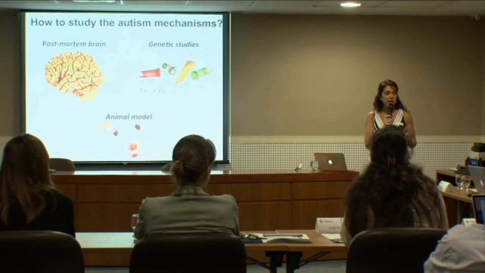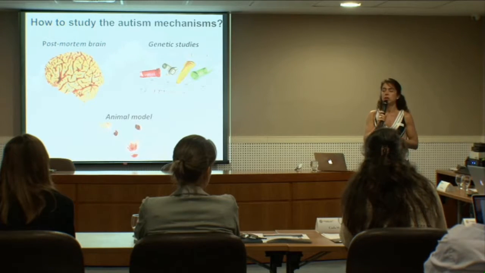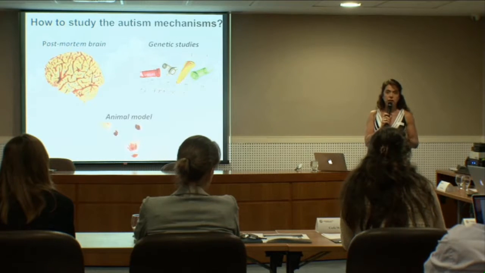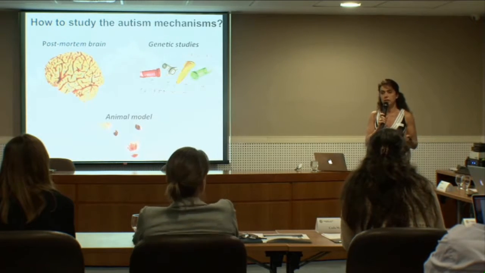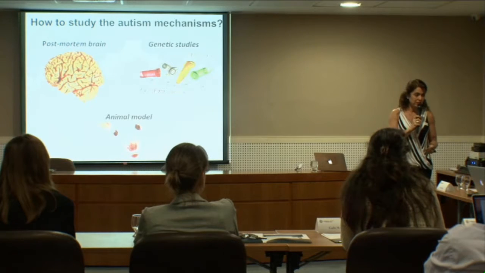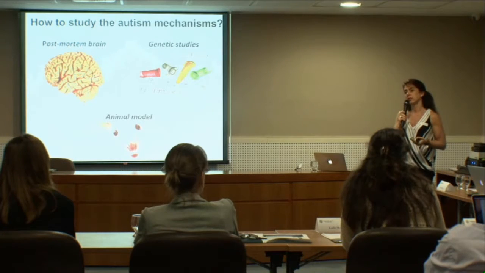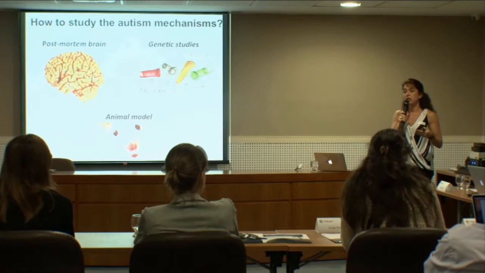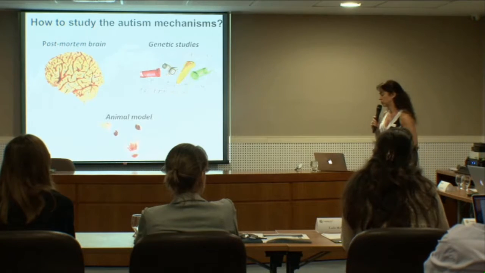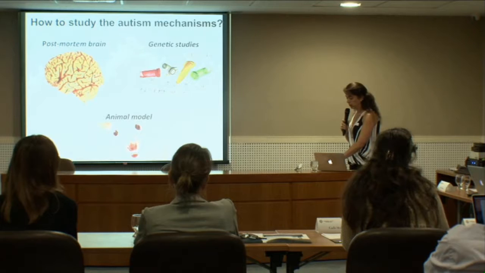We don't have any genetic background in an animal model related to autism. We can make autistic mice, but they are not like our brain.